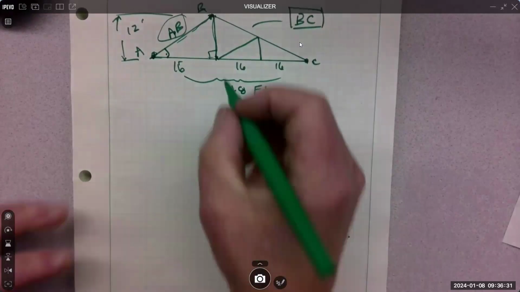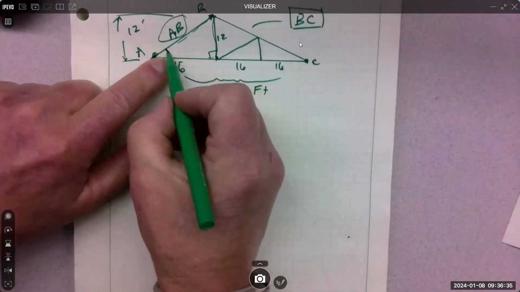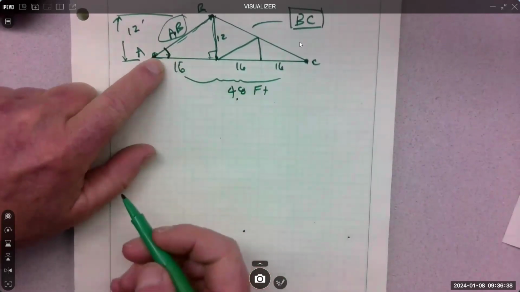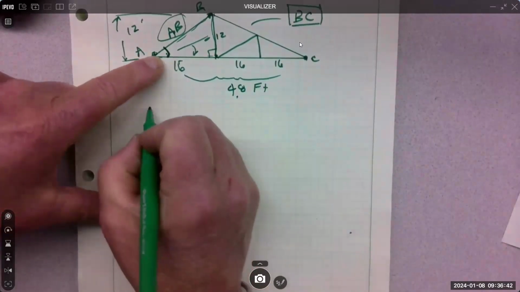So how can we get this angle? Opposite over adjacent, which is tangent.